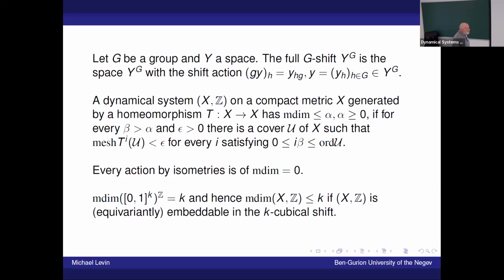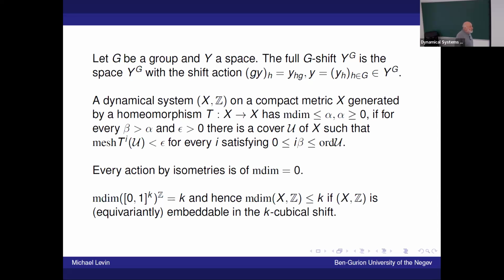such that mesh of U under the i-th iteration of T is less than epsilon, where mesh stands for the maximum, or the supremum, of the diameters of the elements of the cover, for sufficiently many iterations i.